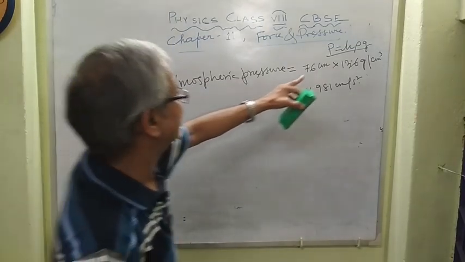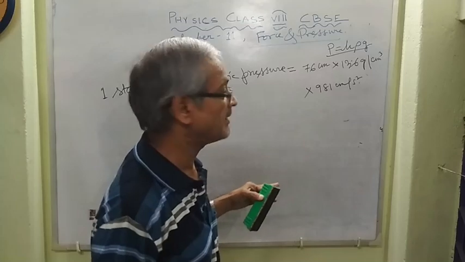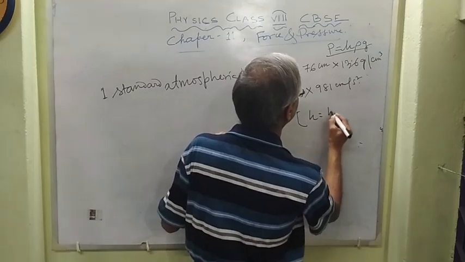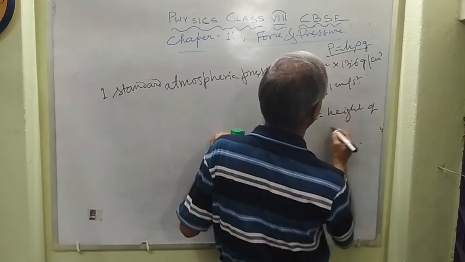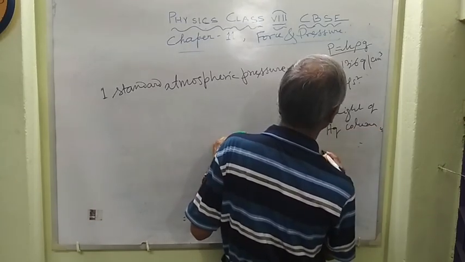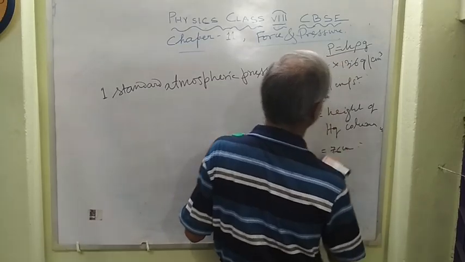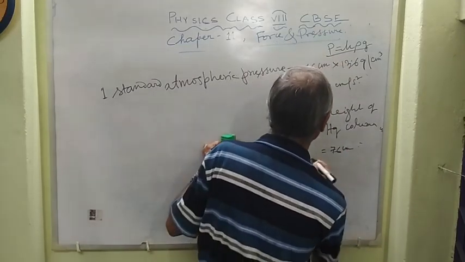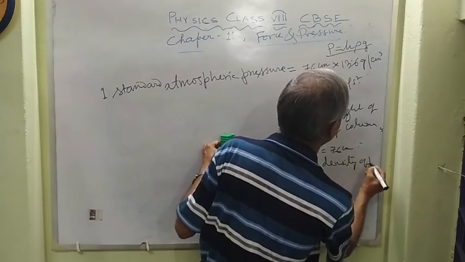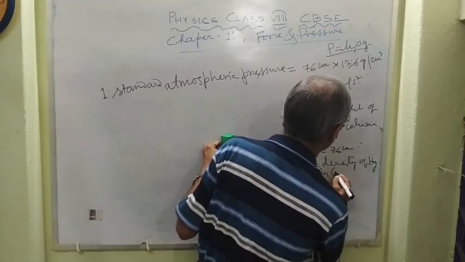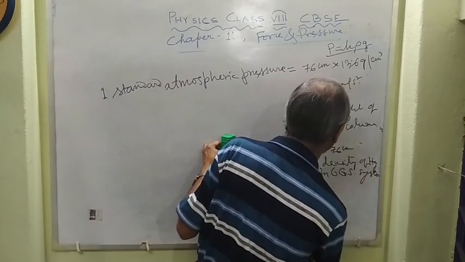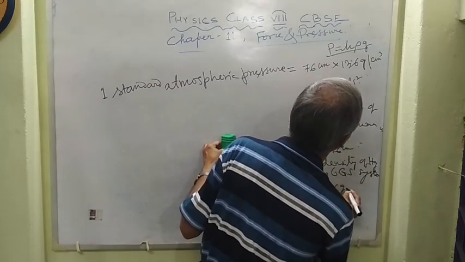Here P is the standard atmospheric pressure. h is the height of the mercury column, equal to 76 centimeter. Rho is the density of mercury in CGS system, which is equal to 13.6 gram per centimeter cube.